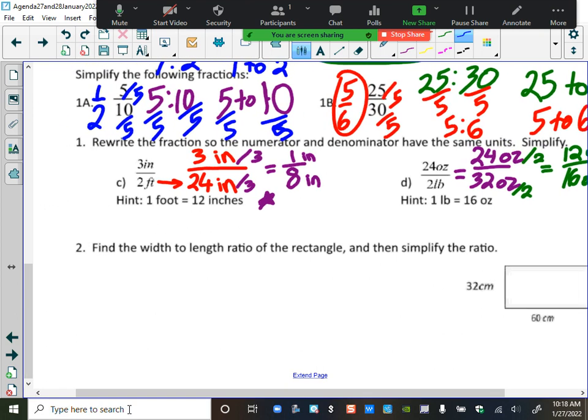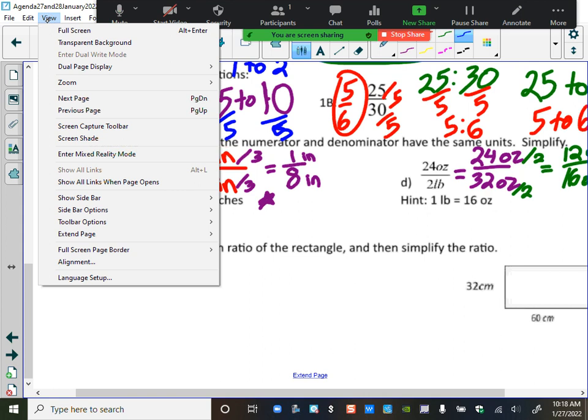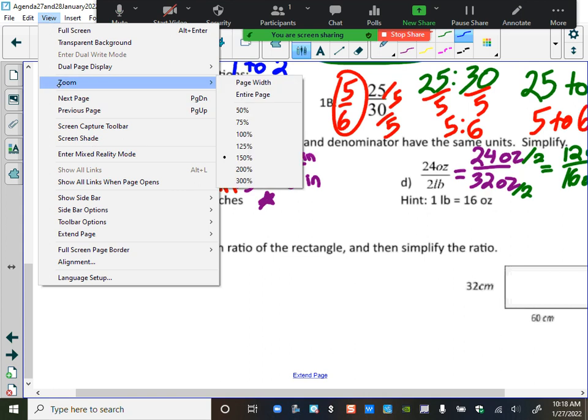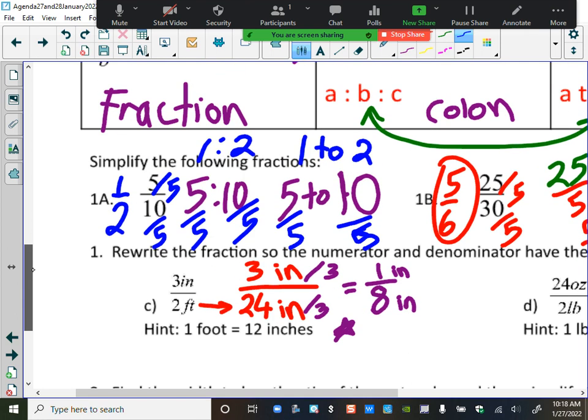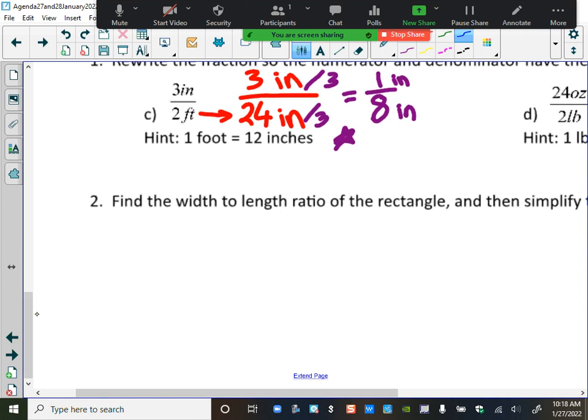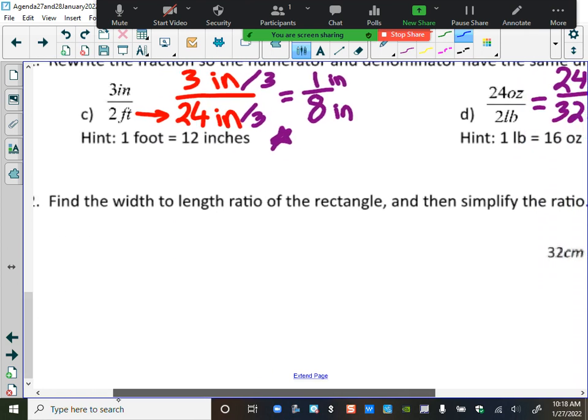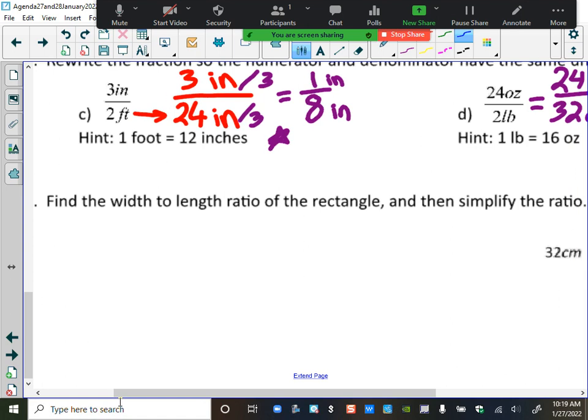It's gonna be the same rectangle. So for number 2, here's your actual new rectangle. I'll put it in there.